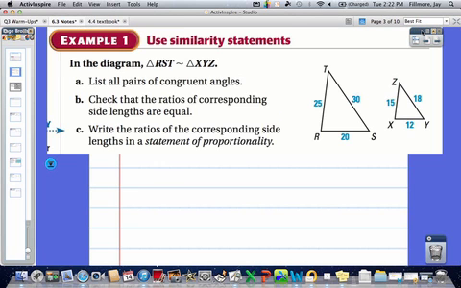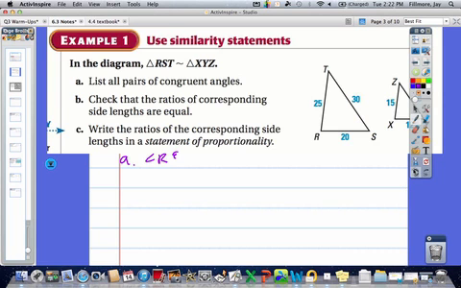For this one, we know the triangle RST is similar to triangle XYZ. That's how we would read this. Triangle RST is similar to triangle XYZ. First of all, we're going to list all the pairs of congruent angles. Again, these aren't rotated or flipped or anything, so it's easy to see that angle R and angle X are corresponding, and they're congruent.